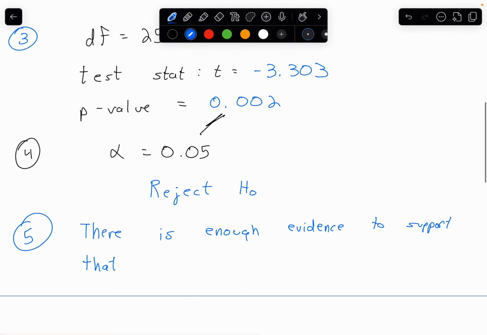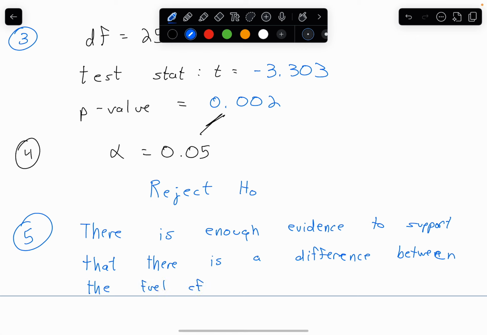So that there is a difference between the fuel efficiency of automatic and manual transmissions.